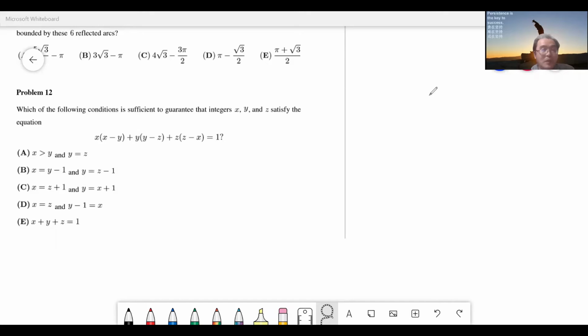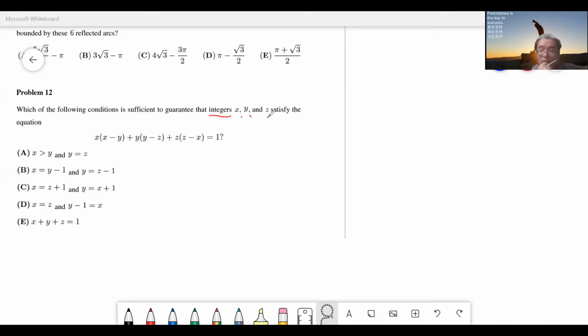Question number 12. Which of the following conditions is sufficient to guarantee that the integers x, y, z satisfy the equation x times (x minus y) plus y times (y minus z) plus z times (z minus x) equals 1? Here you need to pay attention to the words: integers x, y, z.